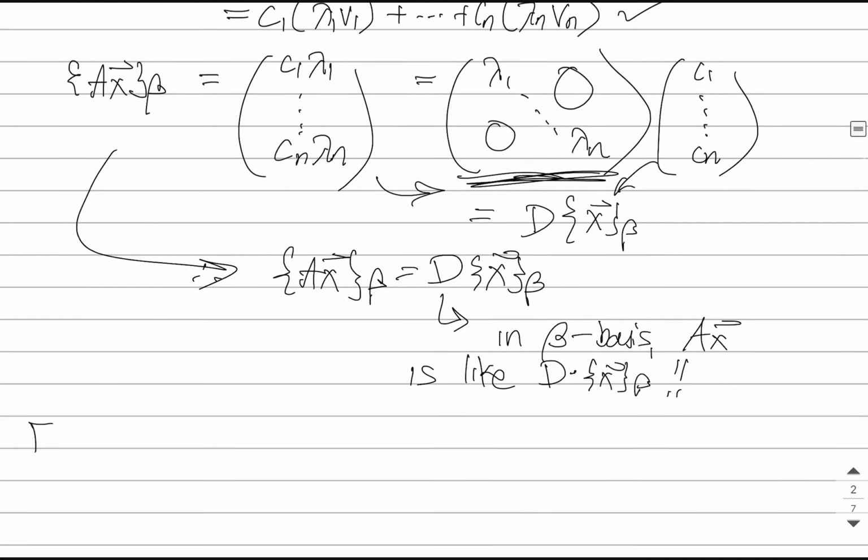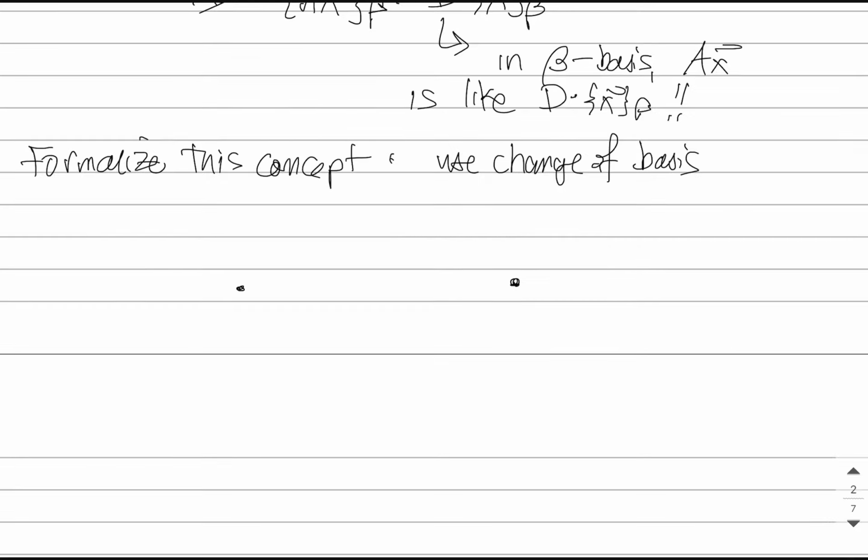Now we're going to formalize this idea with a new concept, and it uses change of basis. We're going to start with the vector x, and it's generally going to be given in standard basis, because typically our brains are wired to give everything in standard basis, and ultimately we want to get to some Ax.